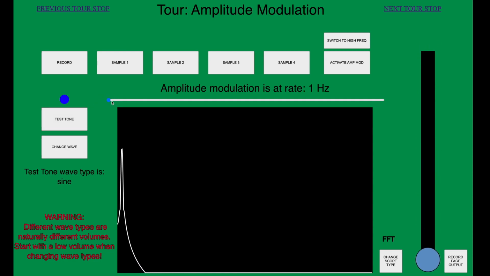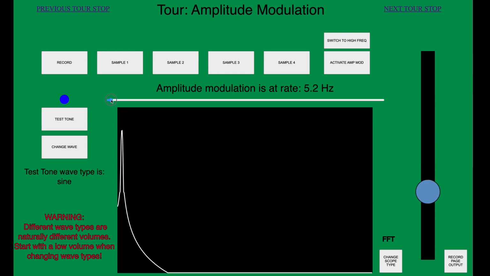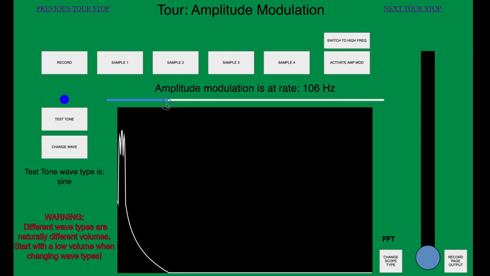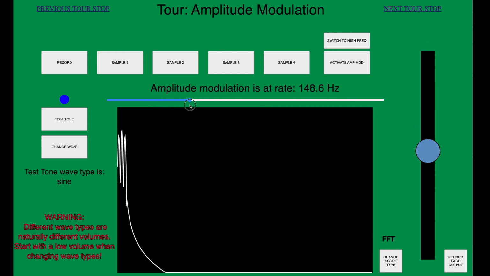So this is the clearest way to visualize amplitude modulation, with the sine tone and FFT analysis, or the clearest way I know how to do it. And as you turn up the amplitude modulation, you'll see that sine tone start to split, as you're hearing it. And there it is.